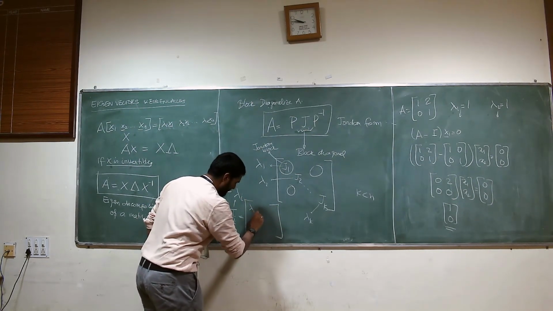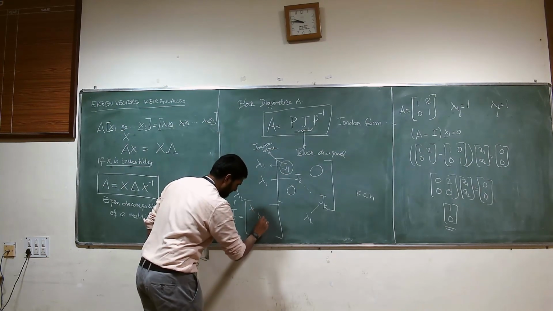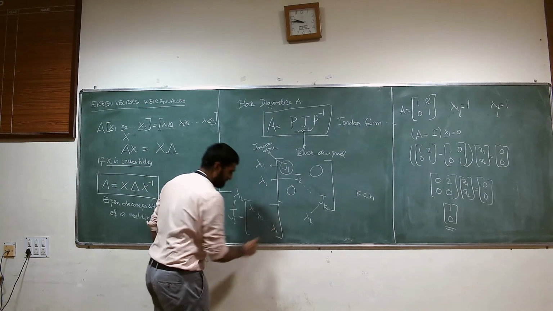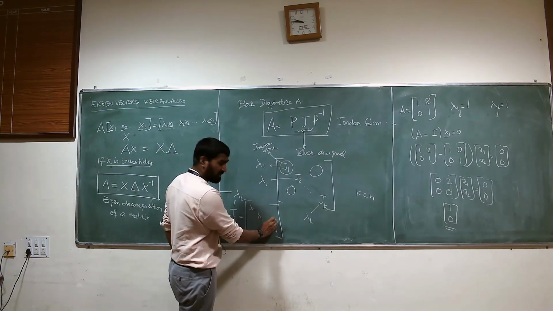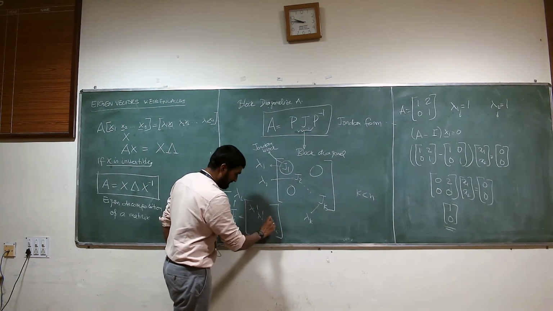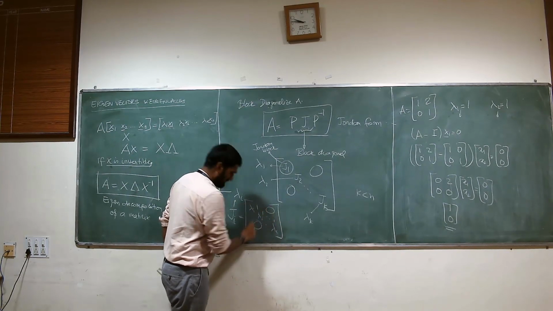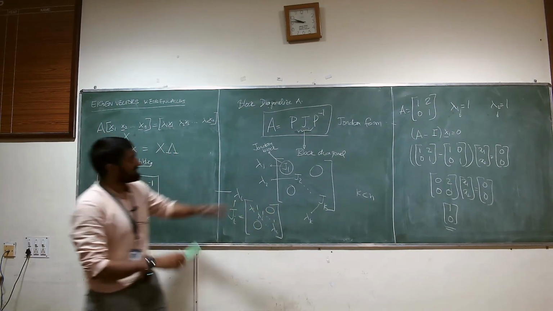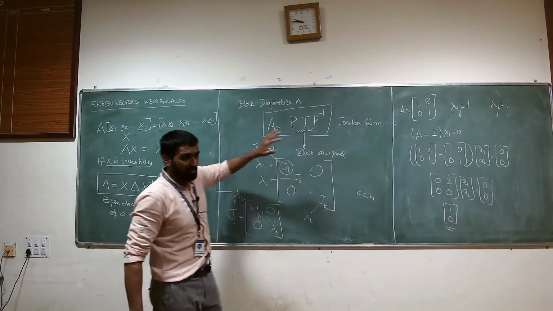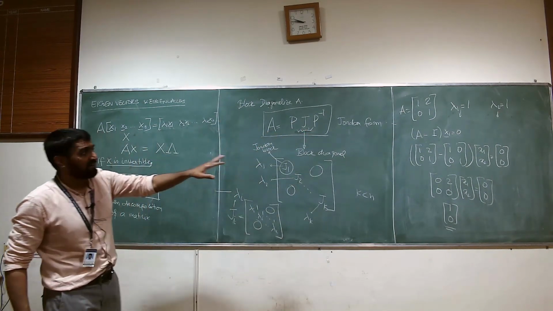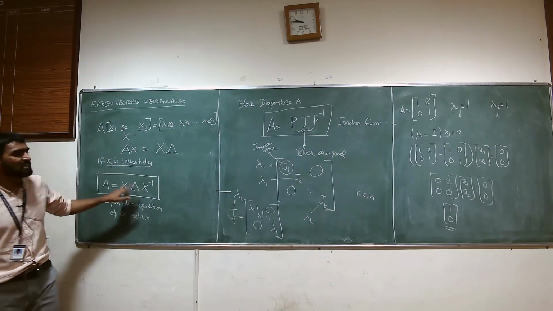Okay? And a Jordan block Ji, which corresponds to the eigenvalue lambda I, simply it's like this. You have lambda I along the diagonal, and then the diagonal just above the main diagonal, it's all 1, and it's 0, 0. Okay, this is a general form. Any n cross n matrix can be written like this. Okay, if you have a full set of eigenvectors, then you can write it like this.